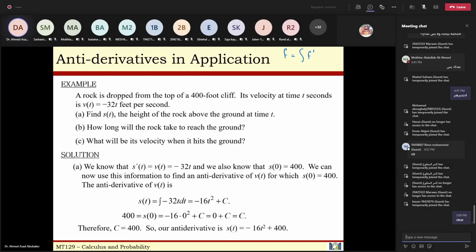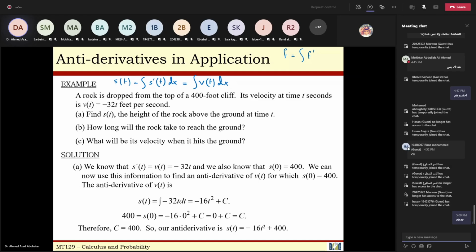Now the position s of t equals the integral of s prime. Okay, s prime equals what? V of t. Yes, because s prime equals v, and v prime equals acceleration. Okay, this is in chapter 2.